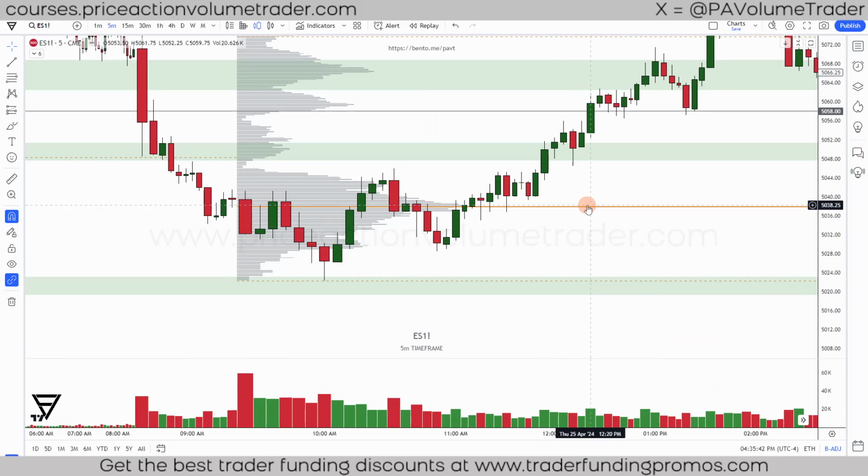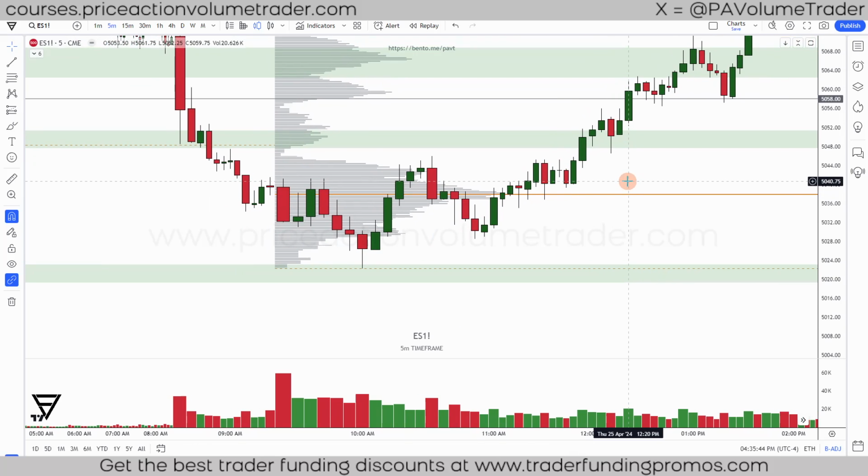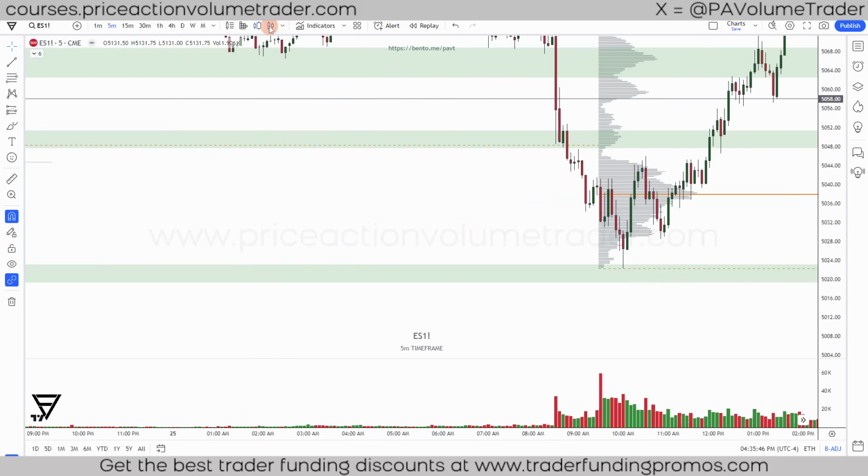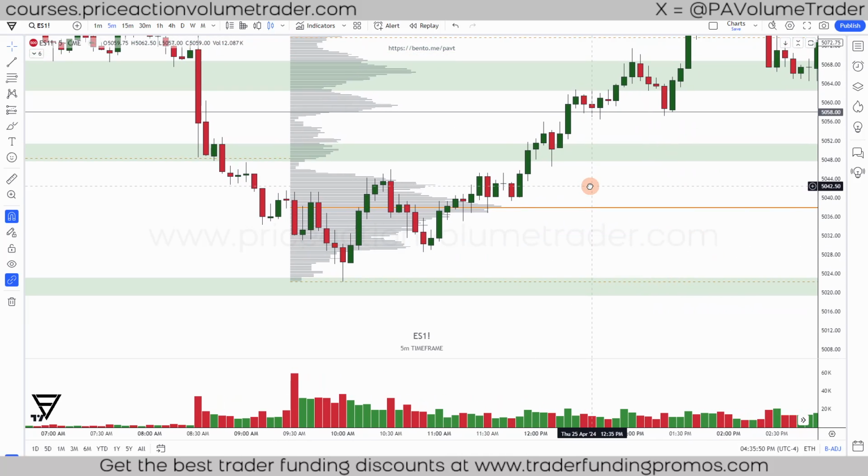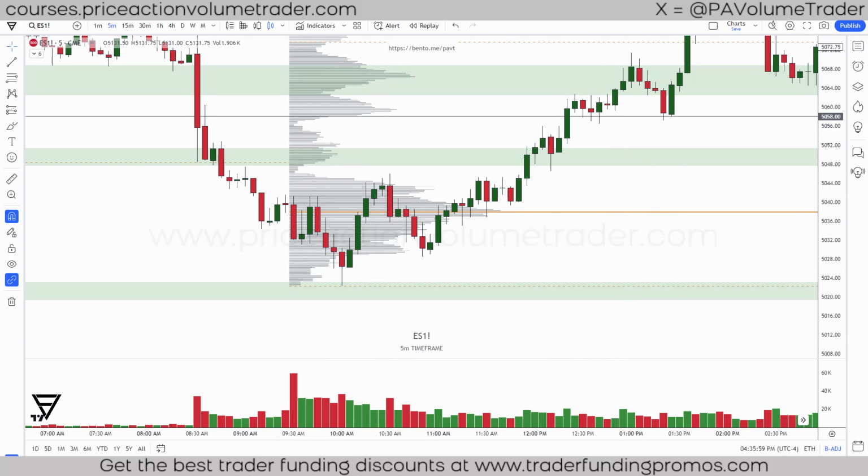If we go now into a lower time frame example, this is on the SP 500. If we look at a regular chart here, we can see how we had this regular market open. This is from Thursday, April 25th. You can see how the market opened, we started chopping around here, made this nice high volume node.